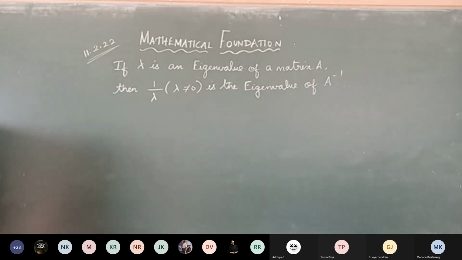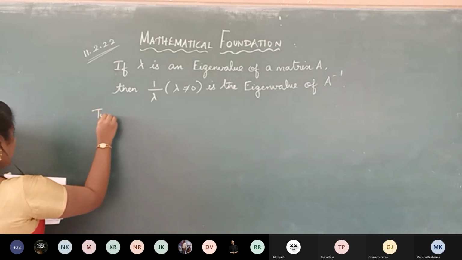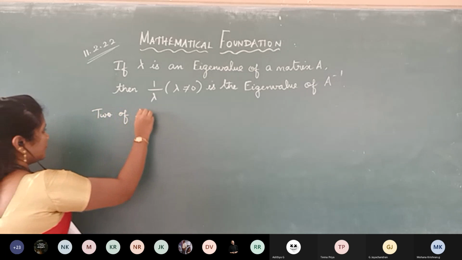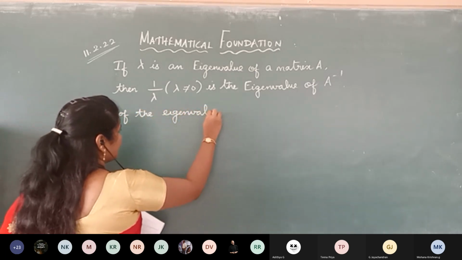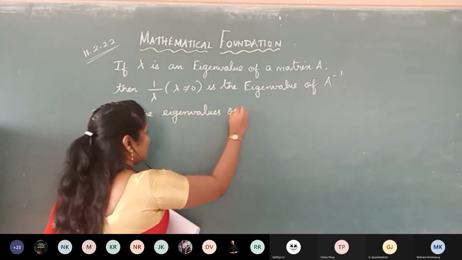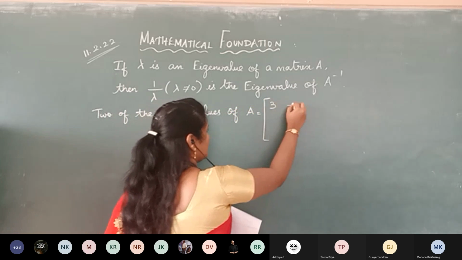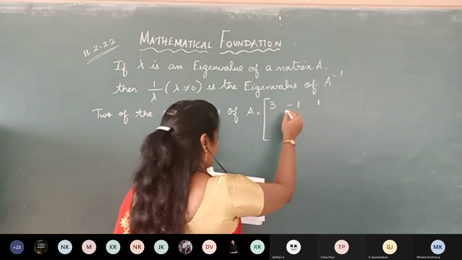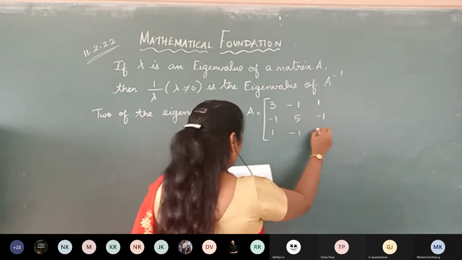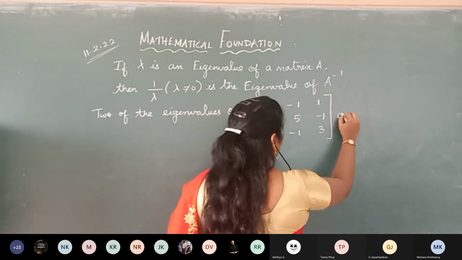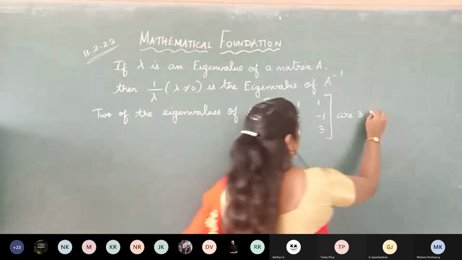So write, for this I will give you one problem. Two of the eigenvalues of A is equal to, I'm writing a 3 cross 3 matrix, 3, minus 1, 1, minus 1, 5, minus 1, 1, minus 1, 3, are 3 and 6.